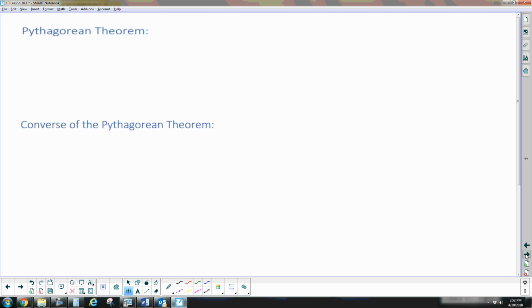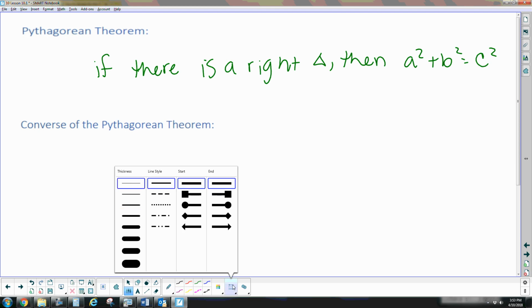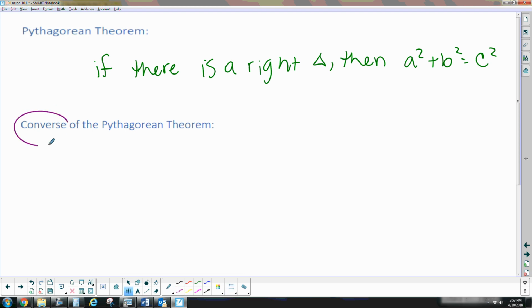Right, now the Pythagorean theorem says if there is a right triangle, then a squared plus b squared equals c squared. Now remember what a converse is. The converse switches the if and the then part of the theorem.